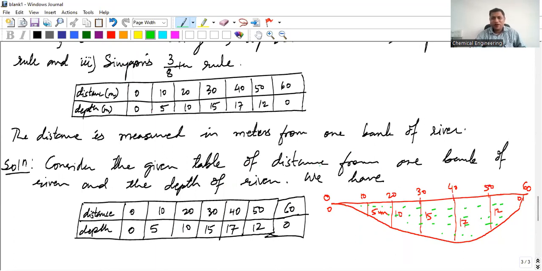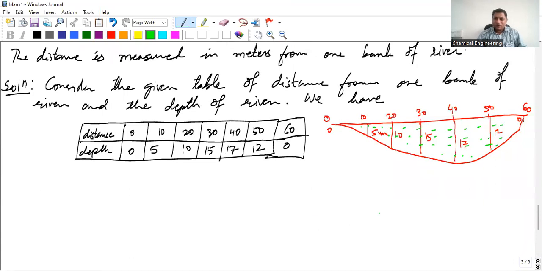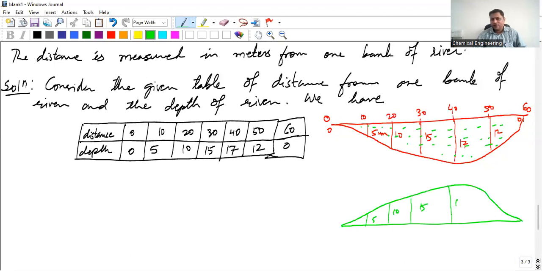If I consider the mirror image of this, then it will be like this: 5, 10, 15, 17, 12, and 0 and 0, with distances 0, 10, 20, 30, 40, 50, and 60.